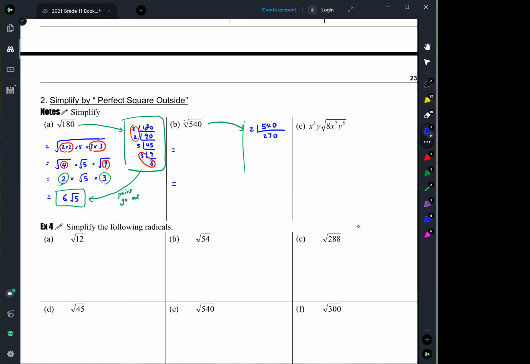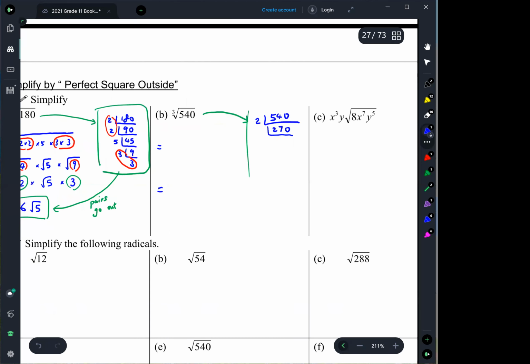Okay, let's check the chart. Tony, what numbers did you use for dividing into 270? I used 2 again.